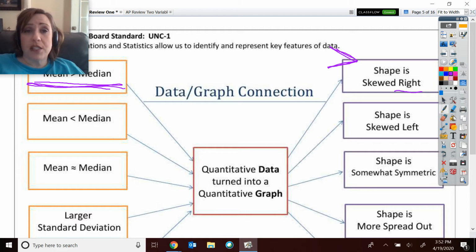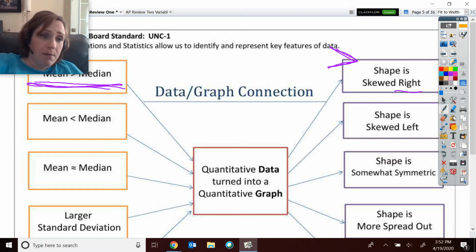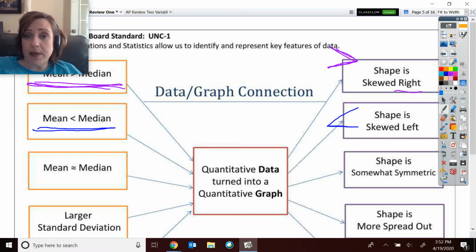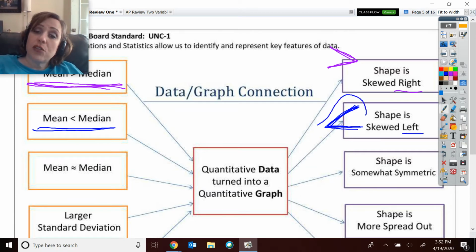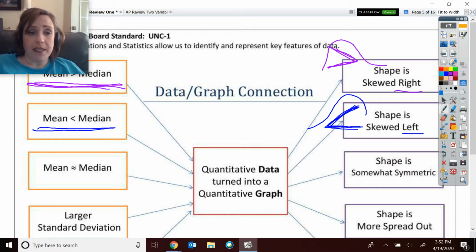So I know my shape is skewed to the right. Whereas if the mean is less than the median, then I know my data has this shape here, a less than shape. So it is then skewed to the left, as opposed to being skewed to the right.